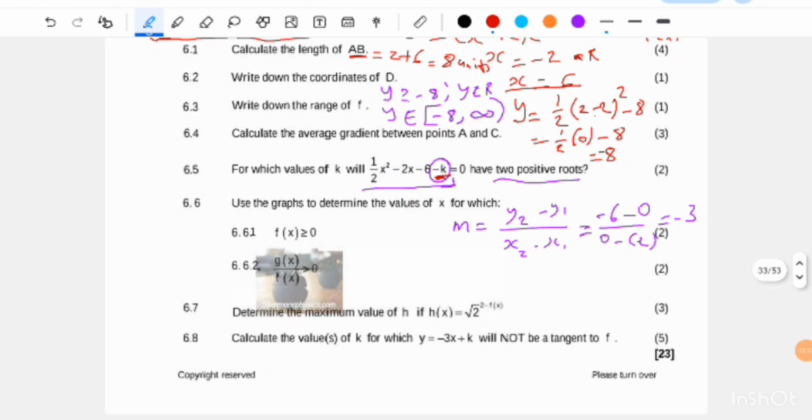Now, the 6.6, it says use the graphs to determine the values of x for which f of x is greater than 0. This is my favorite question. F of x greater than 0. What are the values of x for your graph to be greater than 0 or greater than or equal to 0?